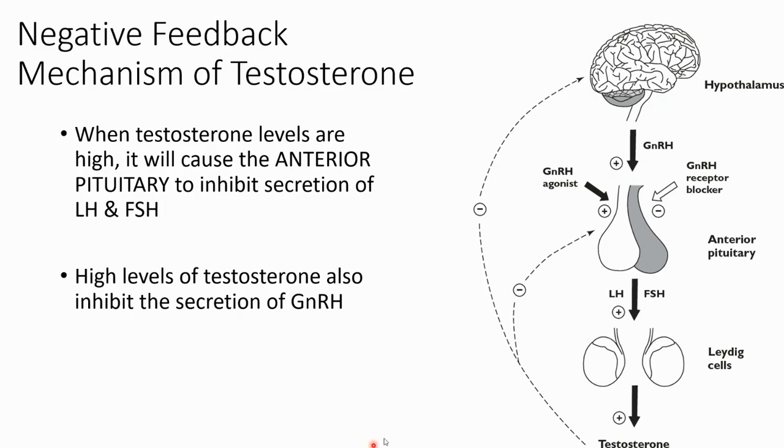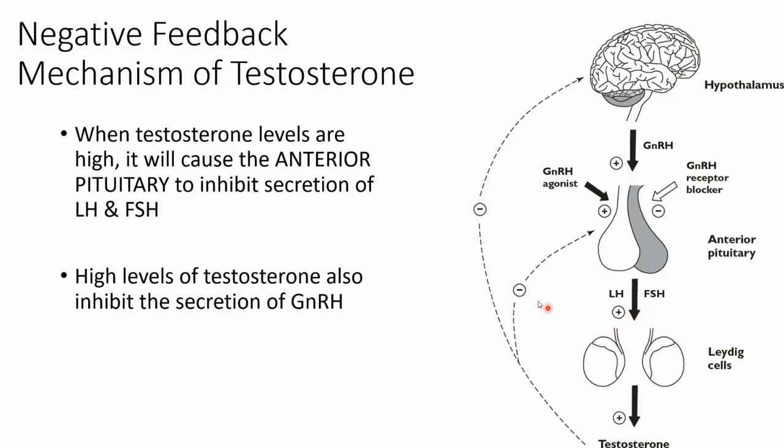Okay, so mechanisms of negative feedback of testosterone. We already mentioned this previously 2 slides ago, but when testosterone levels are high, when you have testosterone available in the bloodstream, that will then inhibit the anterior pituitary from secreting LH and FSH. So even though gonadotropin releasing hormone might be coming through, that testosterone presence is going to inhibit luteinizing hormone and follicle stimulating hormone from being secreted.